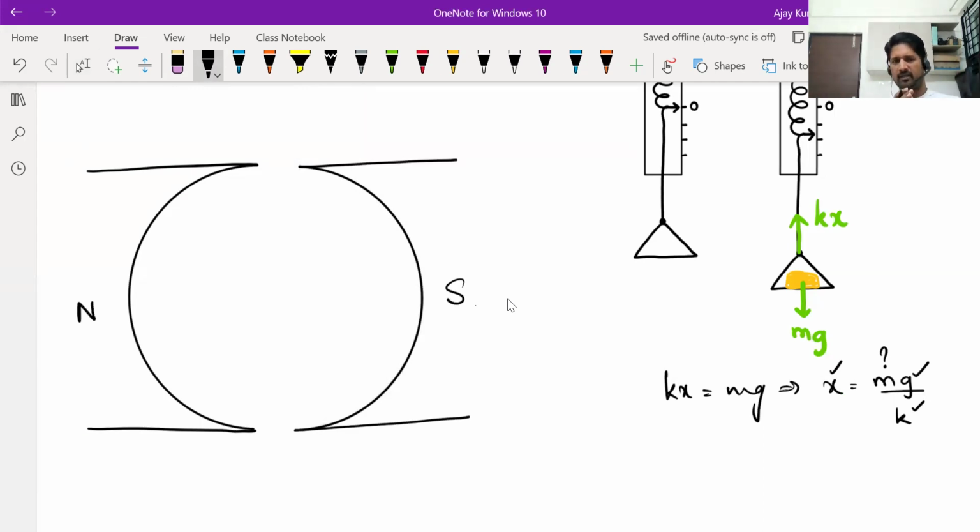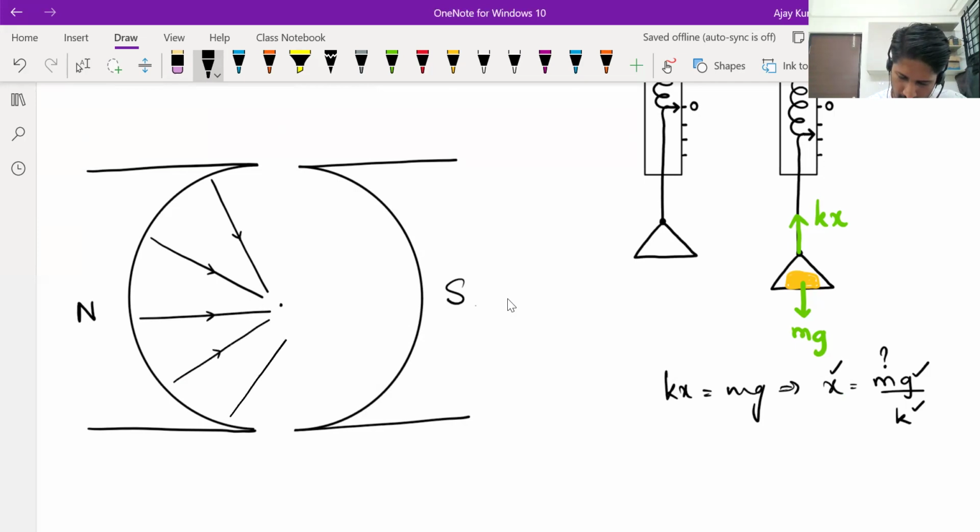There's one magnet to the left whose North Pole is seen here, and one magnet to the right whose South Pole is seen here. Now there will be a magnetic field between them. Because of the curvature, the shape, the magnetic field between them will be in the radial direction like this. The field lines will be like this, out of the North Pole towards the South Pole.